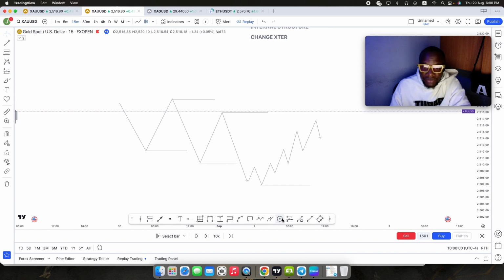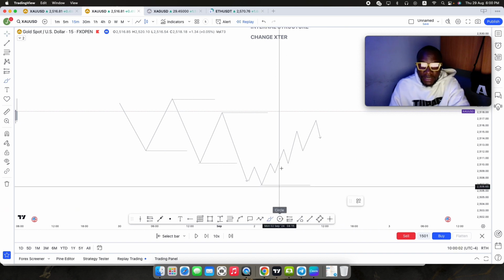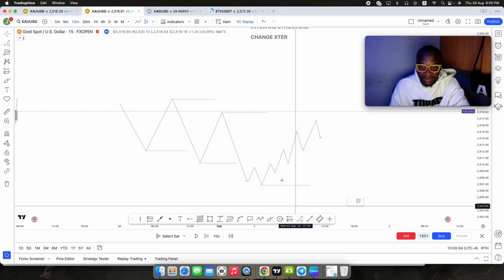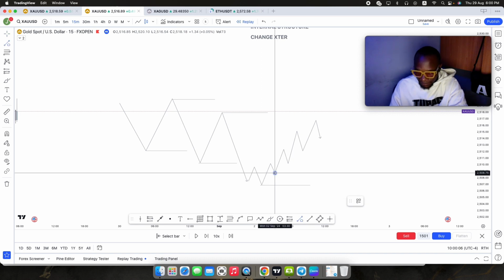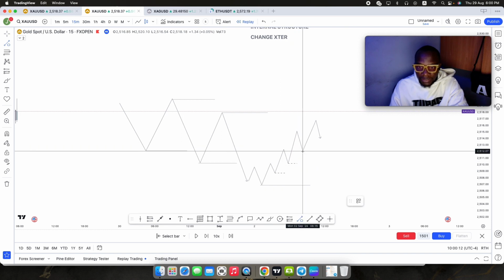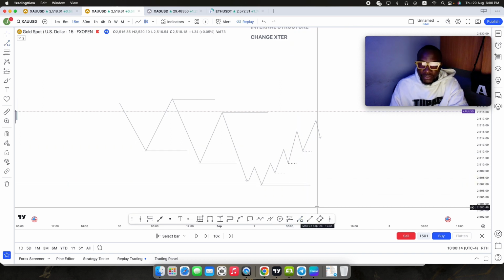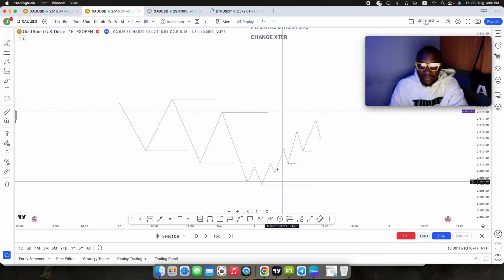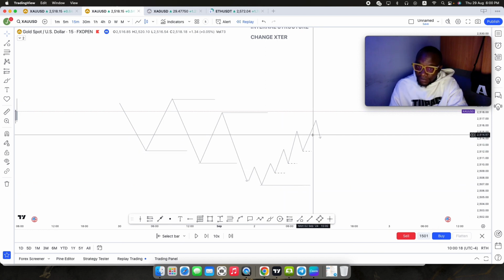So this internal trend, what you have to spot is this. What is the internal trend doing? I'll use this dash to say we have this low, right? And we have another low, and we have another low here. At that point, you know that this internal trend is also going bullish.